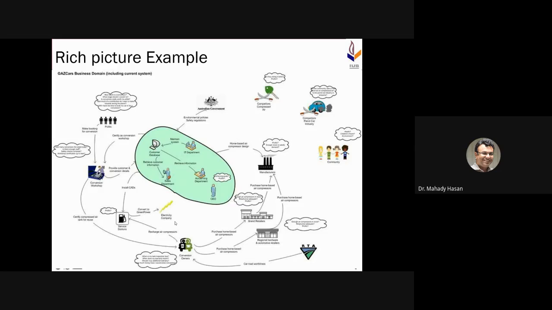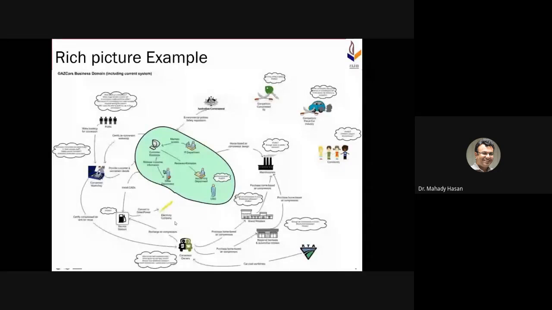That means from one image to another, there has to be a flow, and the flow should be labeled. What is going on? For example, a student is taking a course. So if I have a picture of a student and an image for a course, then the link between these two should be that the student is registering for the course or taking the course, something like that.